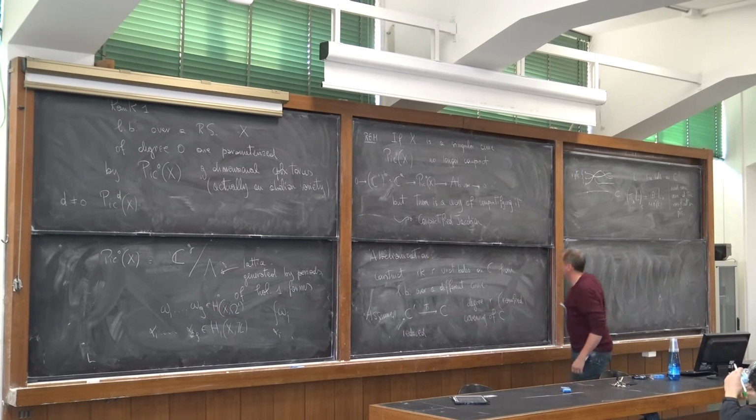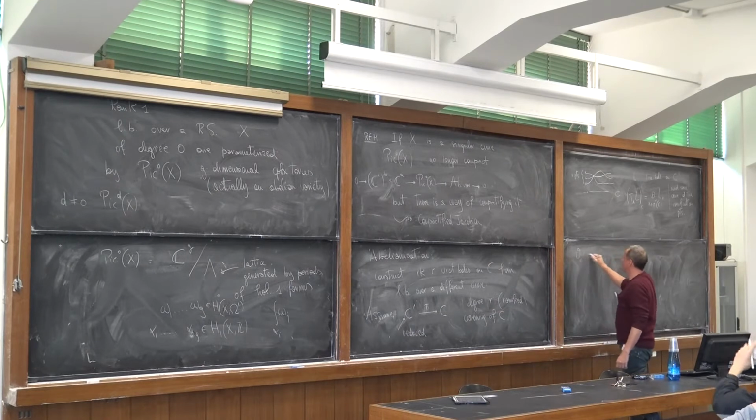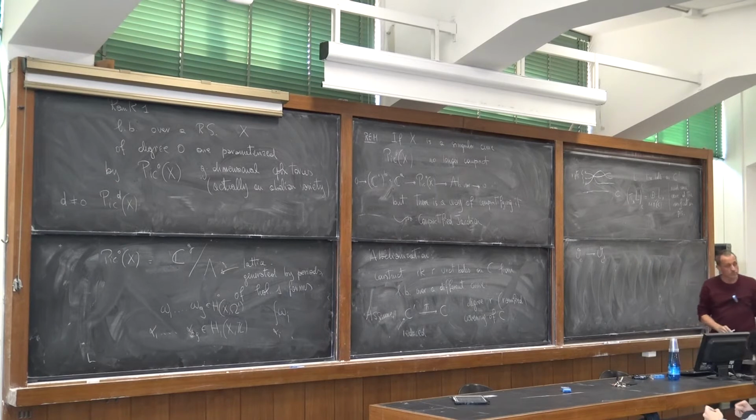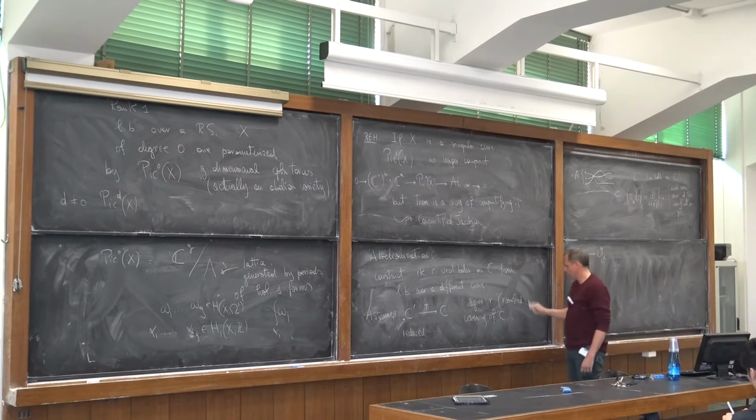So this map results into a map of sheaves of this kind, and so here I should have said flat.